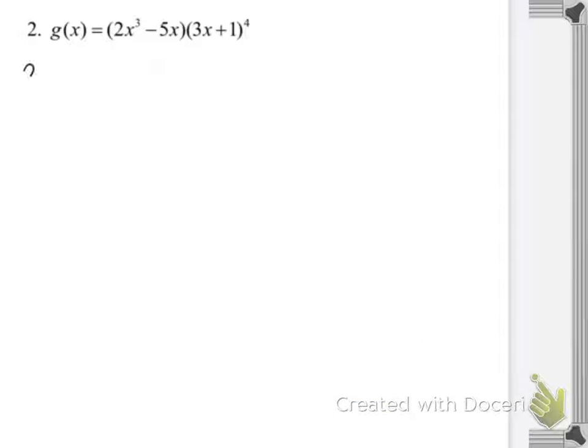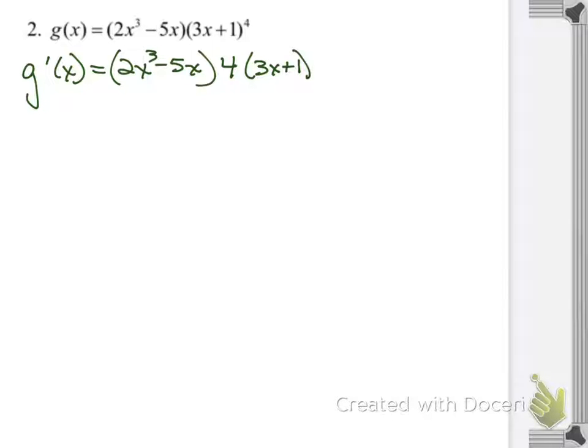Okay, so beginning number 2, g prime of x equals left d right. So I'm going to bring down the 4. So let me just make that look nicer. So 4, and then 3x plus 1 cubed times 3, which is the chain rule derivative of the inside of the parens.